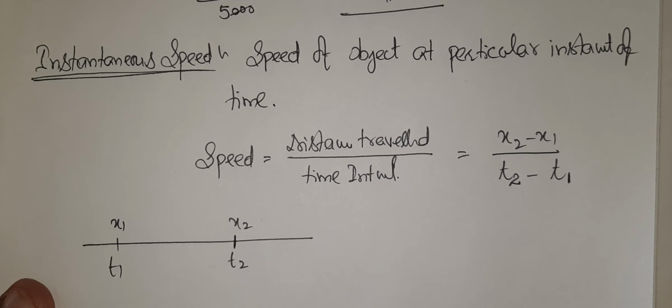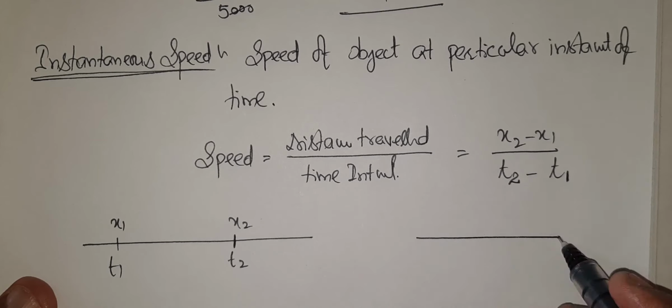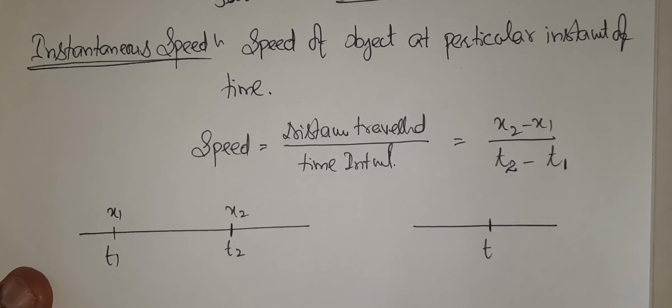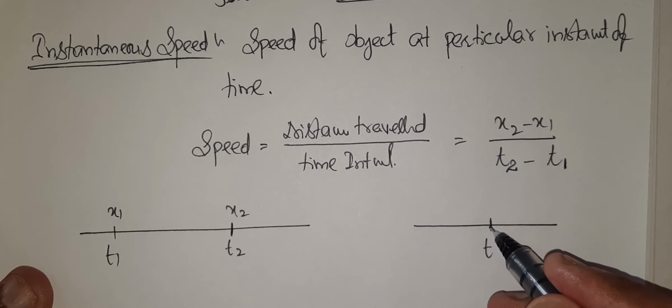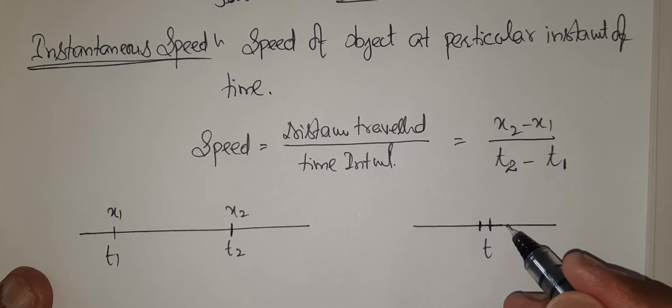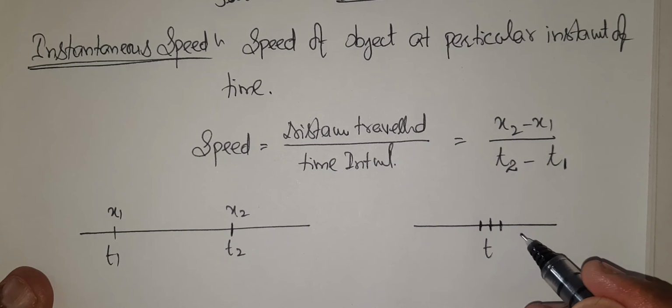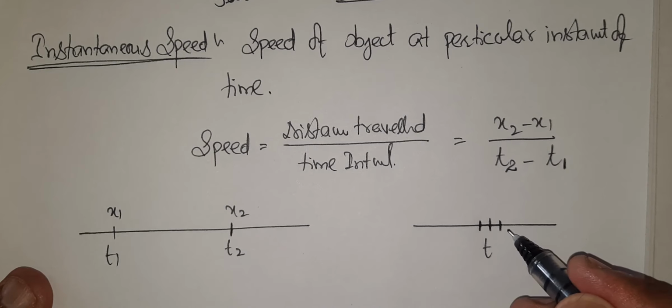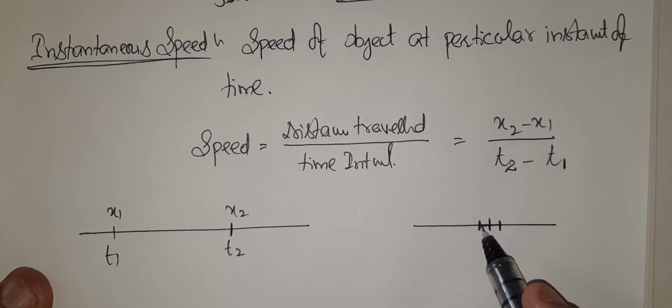So to have instantaneous speed at some particular instant, suppose we are saying speed at time t, what will we do? We will consider an infinitely small time before and an infinitely small time after.